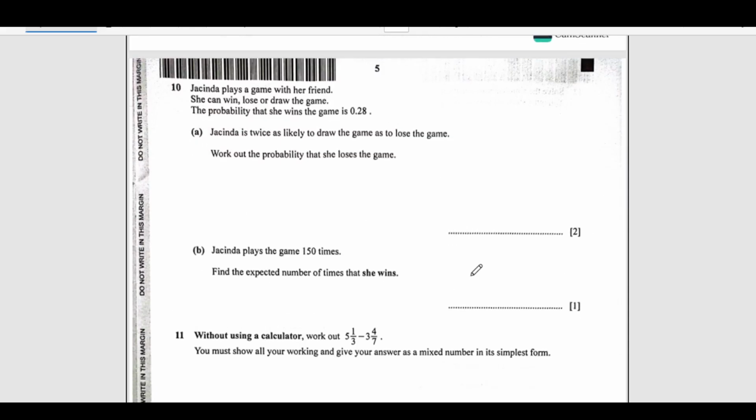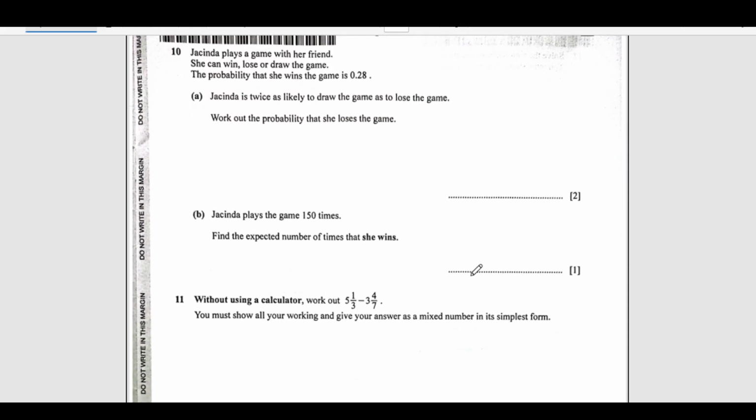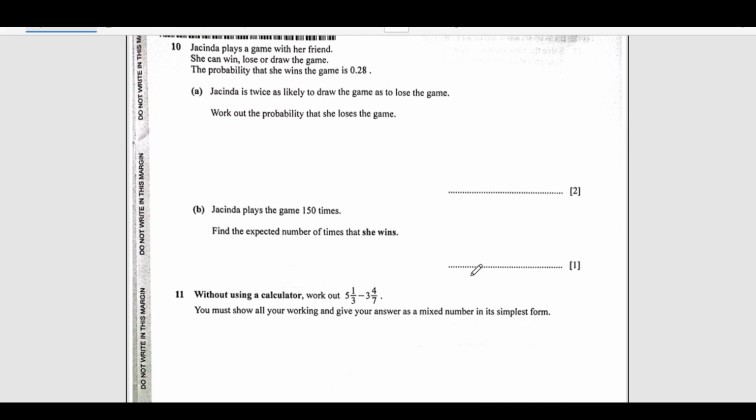Now next we have: Jacinda plays a game with her friend. She can win, lose, or draw the game. The probability that she wins the game is 0.28, and so we have three different things. We have the probability of winning, let's say I am denoting it by W, and the probability of losing, right, and then the probability of the draw, right.